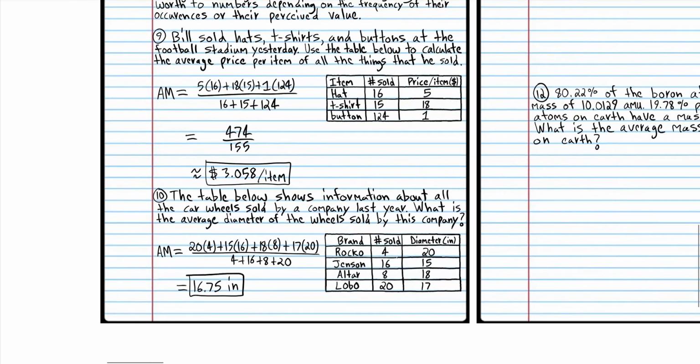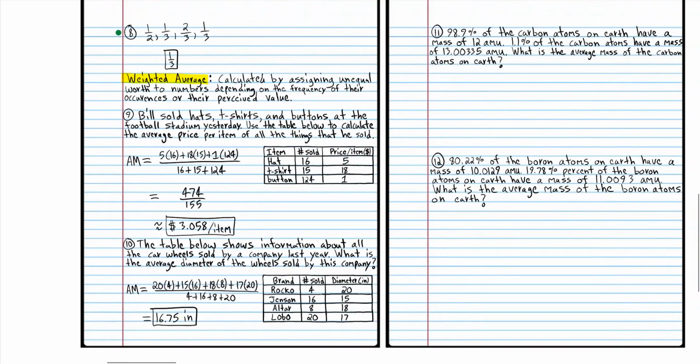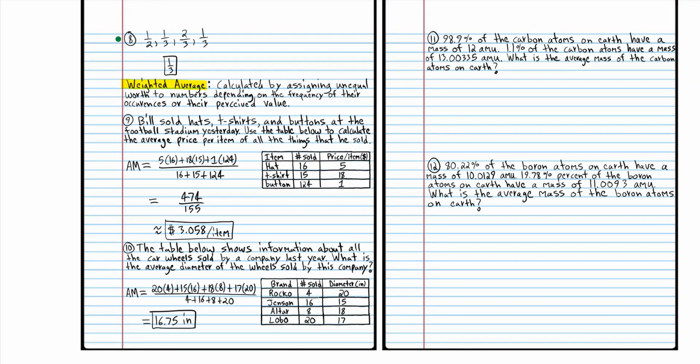Now, in these particular problems, are these numbers really useful to us? Well, they might be useful to us, they might not, but regardless, this is the concept of weighted average. So if you got that right, excellent. Be sure to write your units.